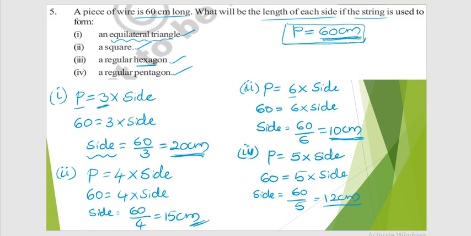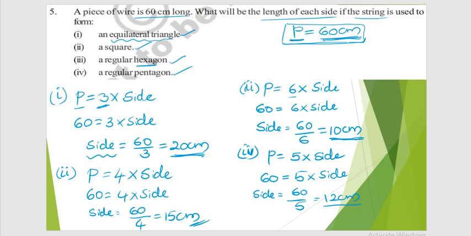Understood? That means the side length is inversely proportional to the number of sides. If the number of sides increases, automatically the length of the side decreases for constant perimeter.